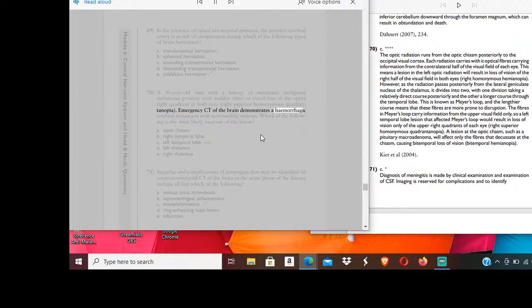Emergency CT of the brain demonstrates a hemorrhagic cerebral metastasis with surrounding edema. Which of the following is the most likely location of the lesion?